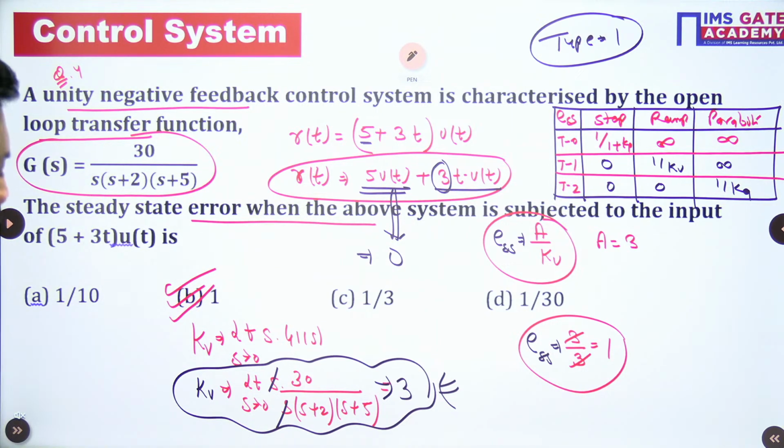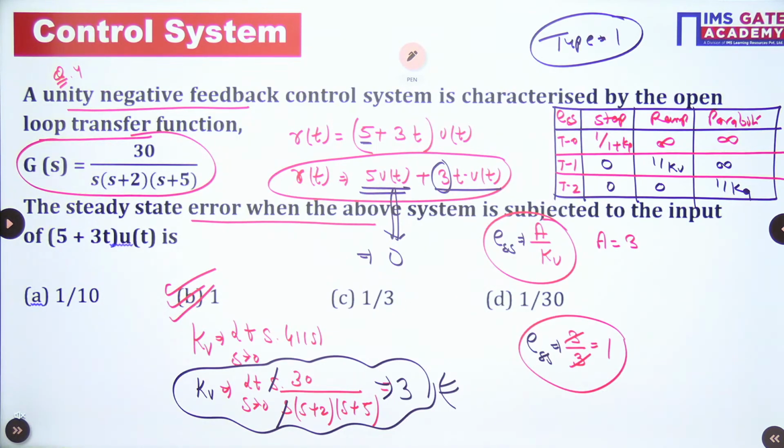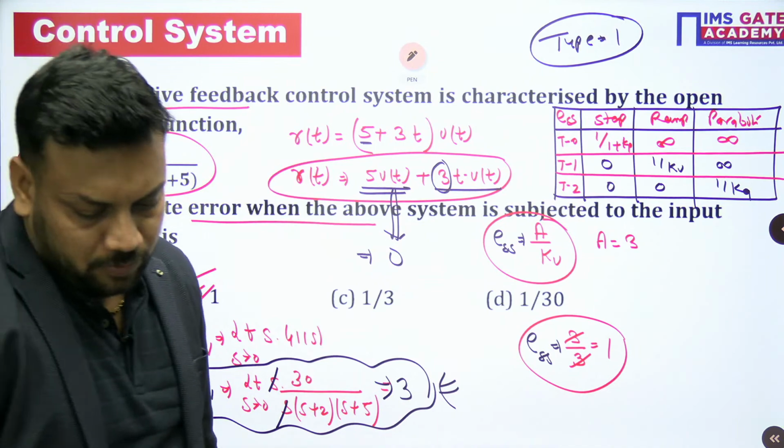Yes. So the answer will be 1. Answer will be 1. Chalein guys, shall we go for the next question? Now we are going for the next.